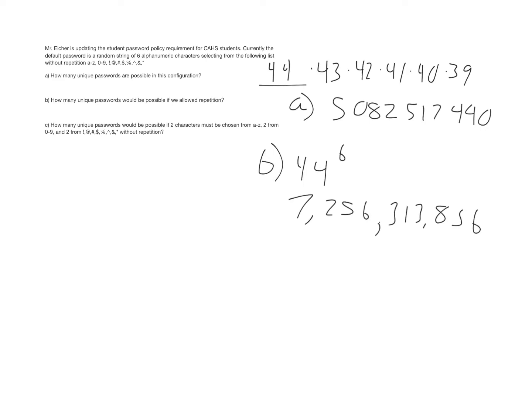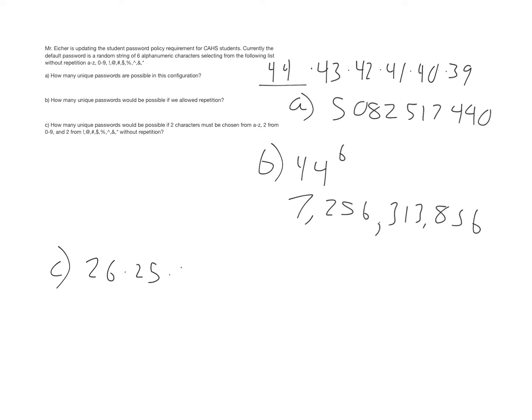Now part C, go over here, might need a little more room for this one. Now it says, I have to choose 2 letters, 2 numbers, and 2 special characters, again without repetition. So this is going to be 2 letters, so that's 26 options. Now back to without repetition, so 25.